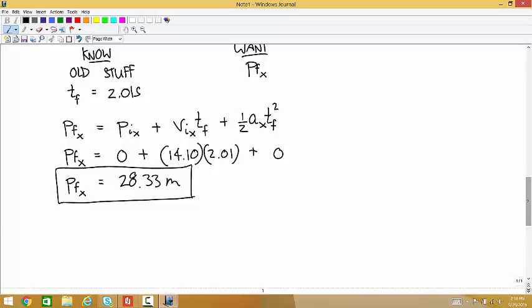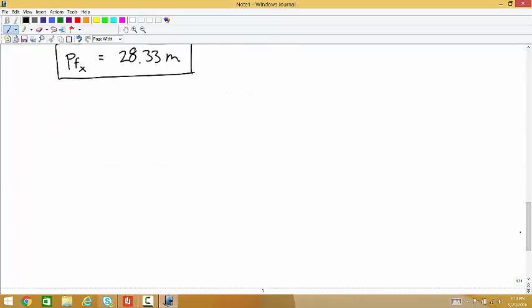Let's do one more. So this one, remember the example that we did where I drew the picture of the guy with the gun and the guy who dropped the bullet? And those took off at the same instant.